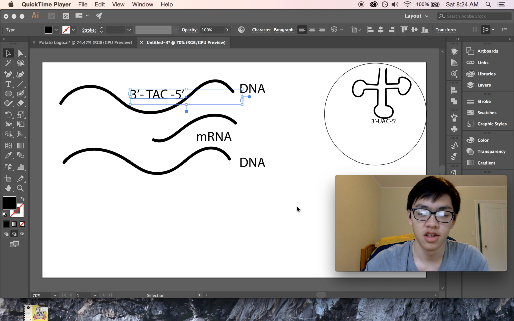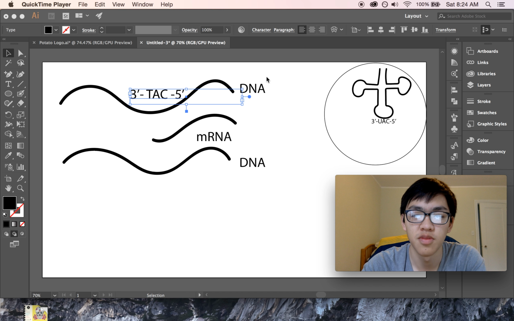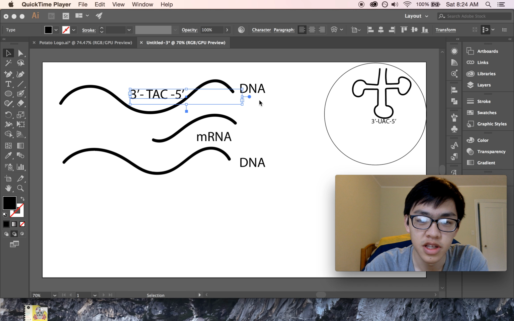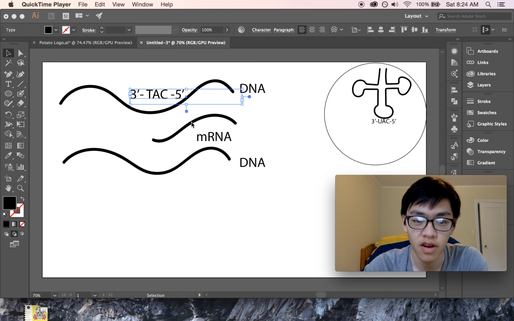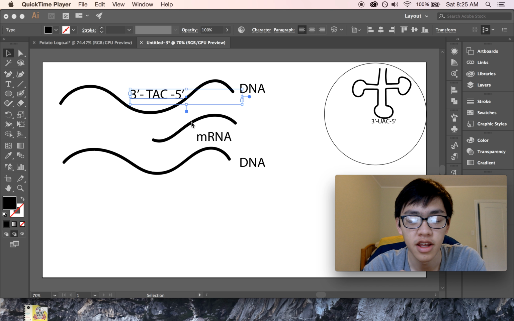Okay. So I drew these two bits of DNA here, and essentially on the two pieces of DNA we have something analogous to our anticodon. What that implies is that the mRNA is what carries the codons. If you remember back to introductory biology, AUG or methionine is the start codon for protein synthesis.